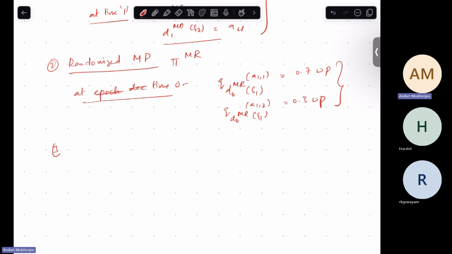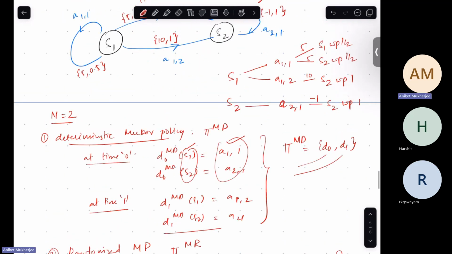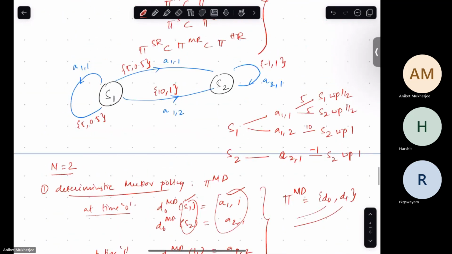Third is your history dependent policy. Here you'll not see much of a history dependent policy because if you are at state S1, then you know that you are at state S1, right? You can't go from state S2 to S1 because of the dynamics of this problem.